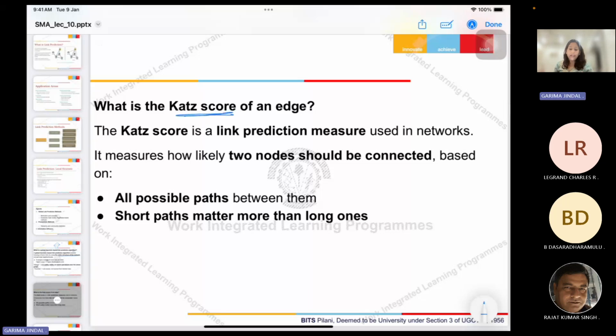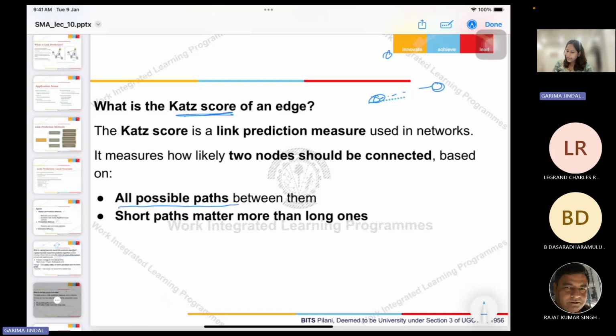Now let us discuss what the Katz score is. Katz score is a link prediction measure used in networks. It measures how likely nodes could be connected. In order to predict a link between two nodes, it is going to see all the possible paths between these two nodes.